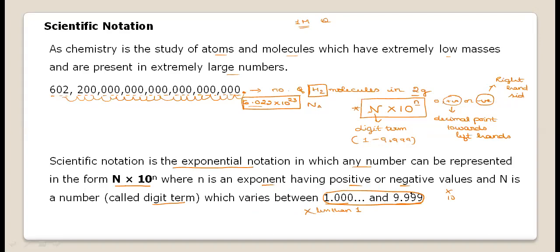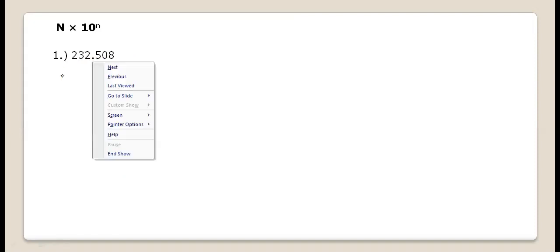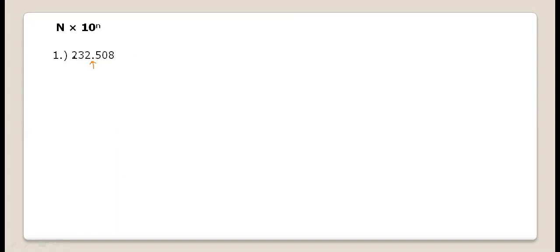If you solve examples, then only you can easily understand. Now we need to express any number in this form, that is N into 10 to the power of n. Here a number is given, 232.508. First indicate a decimal point. The decimal point place you need to move to get the digit term.